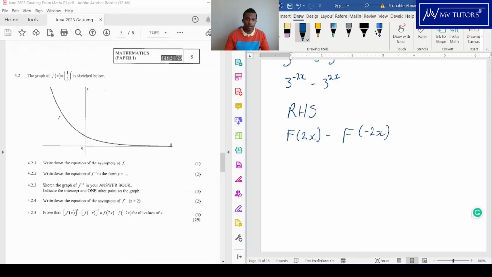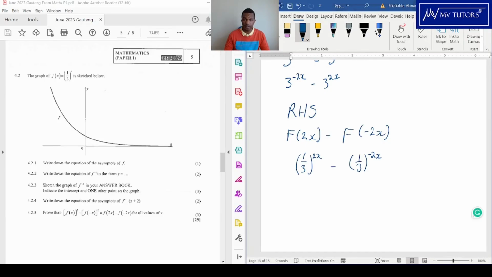Okay, so f of 2x means where we have an x, we substitute 2x. So now that's 1 over 3 to the 2x, minus 1 over 3 to the power where we have an x, we substitute a minus 2x.